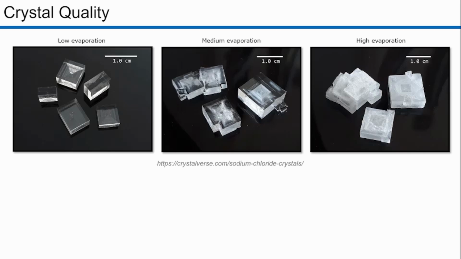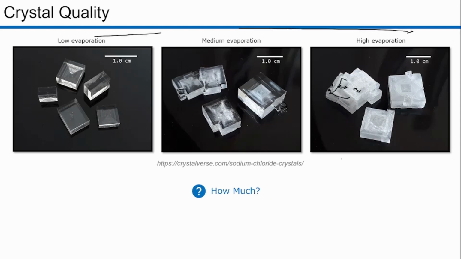We have some side growths, and for higher evaporation we get crystals with even more defects in the crystalline arrangement, meaning that there should be an alignment in this direction, but this one grew in this direction, and then this one got another direction, and so forth, and they are very opaque. You see, the faster the evaporation, the whiter the crystal gets. This is probably because the lattice is not aligned, so light scatters on the lattice.